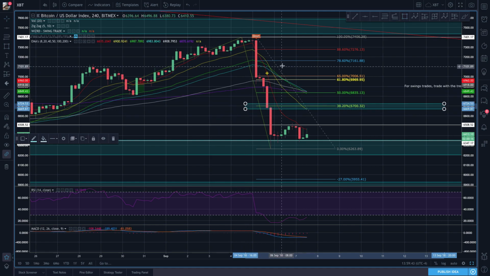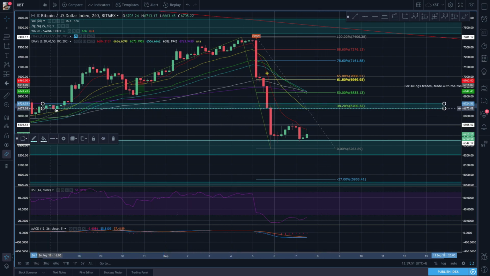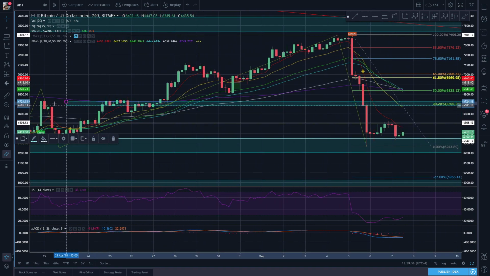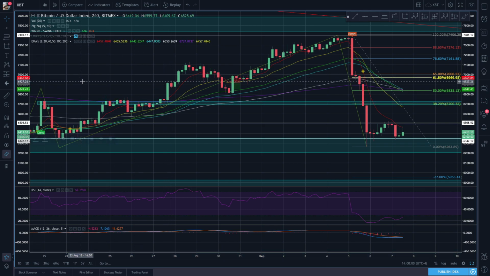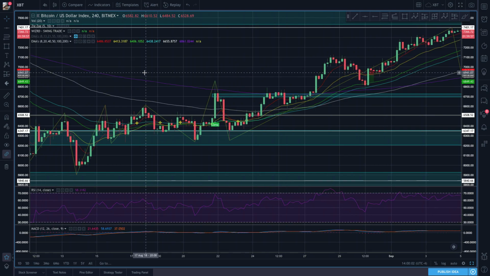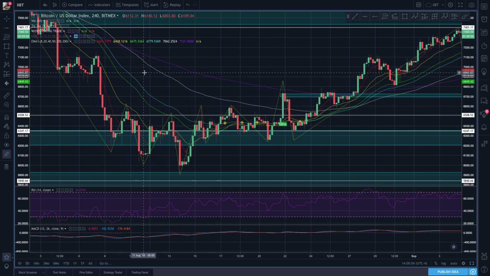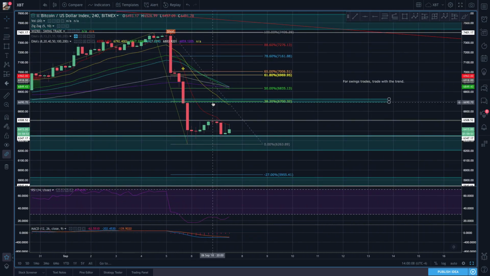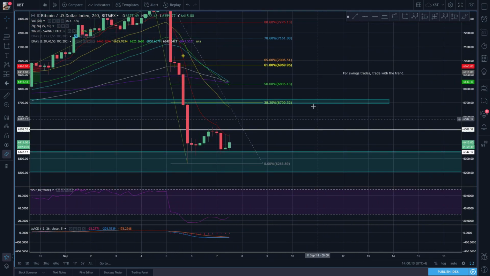And why is this a good shorting opportunity? Not just because it's probably what it's going to come up and bounce off of. Look for other confluences, right? All of this, even right here, this is a rejection. So many rejections coming from this area, right? It's a good place to set some shorts.